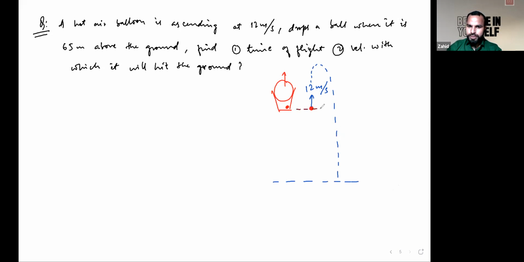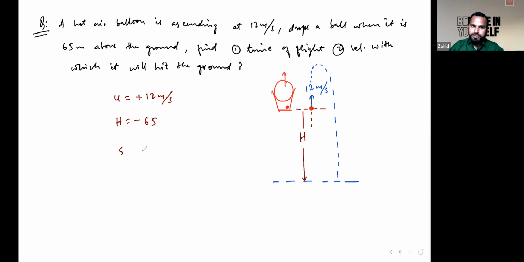Take this particular point as the origin. All upward quantities would be positive and downward quantities would be negative. So here u will be positive 12 meters per second. Since the height at which the ball is dropped would be along the negative direction from this origin, h will be taken as minus 65. Gravity is always in the downward direction, so it will be taken as negative.